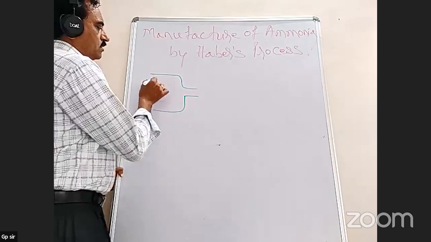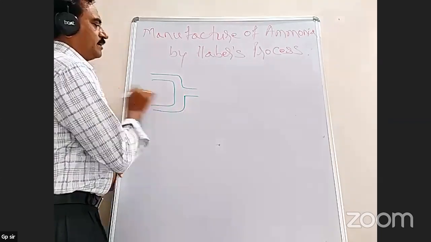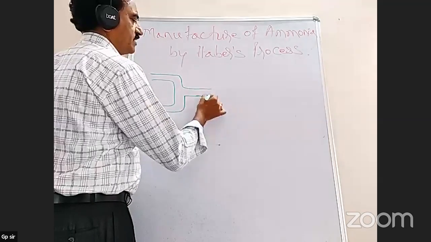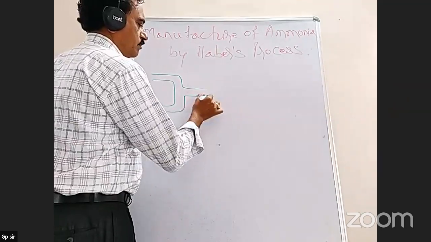Need to draw a rough diagram, a rough flow sheet of this. Here there is a compressor.